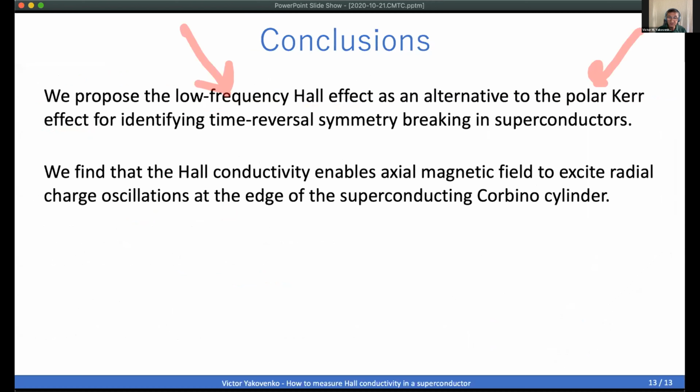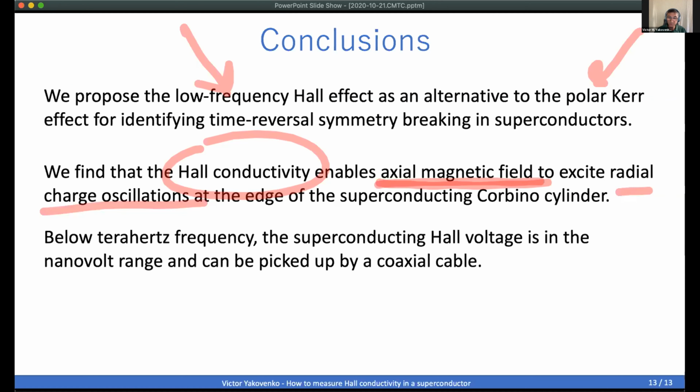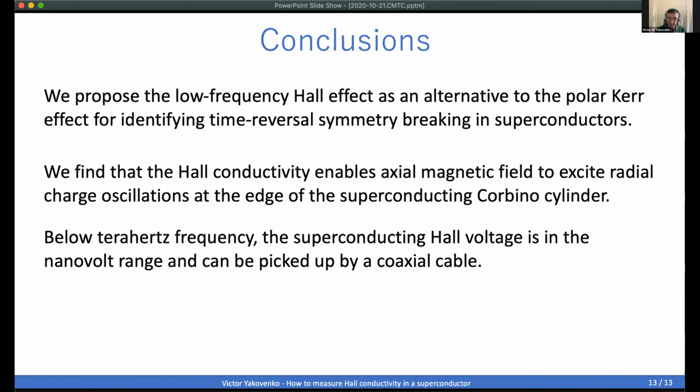So basically, what we see is that if you have non-zero Hall conductivity, then an axial magnetic field produces radial charge oscillations in a superconducting cylinder, Corbino geometry, and this radial signal, at maybe terahertz frequency, can be picked up by a coaxial cable and measured. So that's pretty much it. Thank you very much for the attention, and I'm done, and I can take questions if there are any.